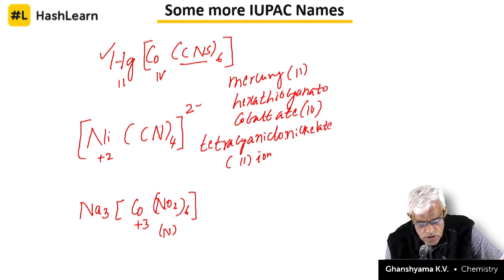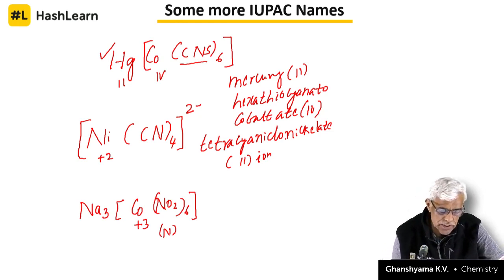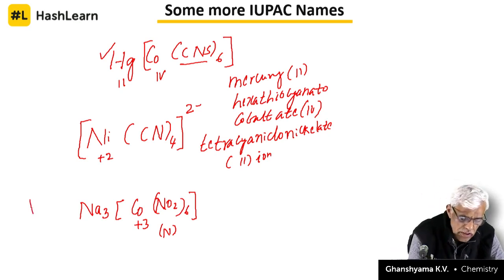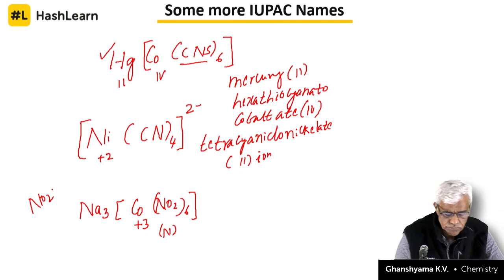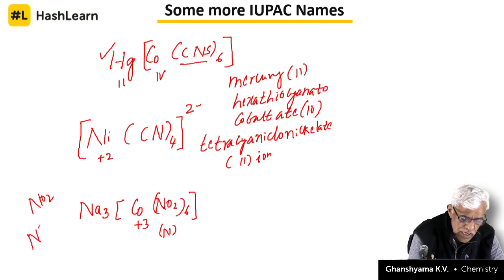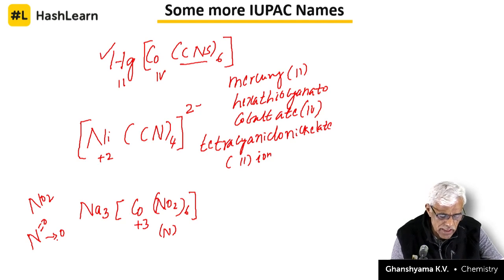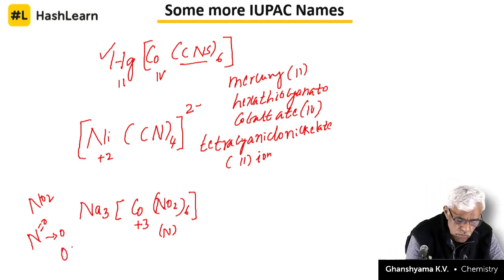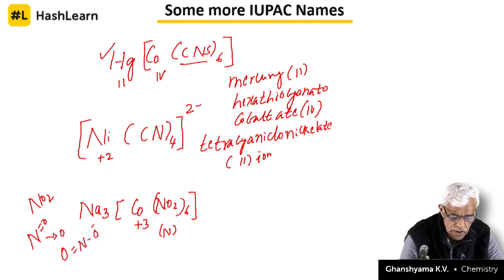In what way it is different? Why I have selected this for some more IUPAC names? Because NO2 is an ambidentate ligand. It can be present as this. We write this as nitro or nitrito N, or O double bond O minus.